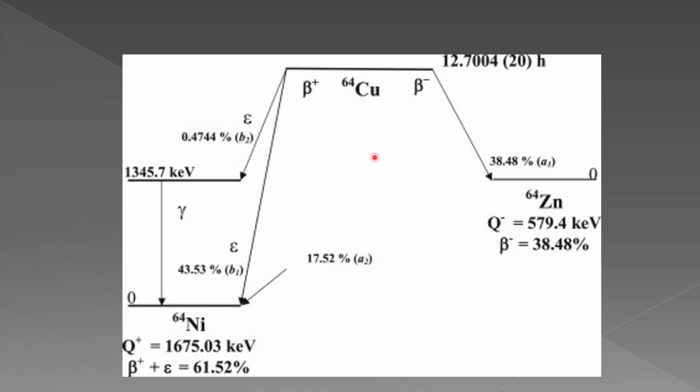So copper-64 has a very short effective positron range. You'll notice it doesn't have as much energy as some of the other ones did. And because it has a little bit less energy, it doesn't travel as far before it annihilates. So it has a short effective positron range. That's beneficial when we're imaging with it because that means that it has better spatial resolution.